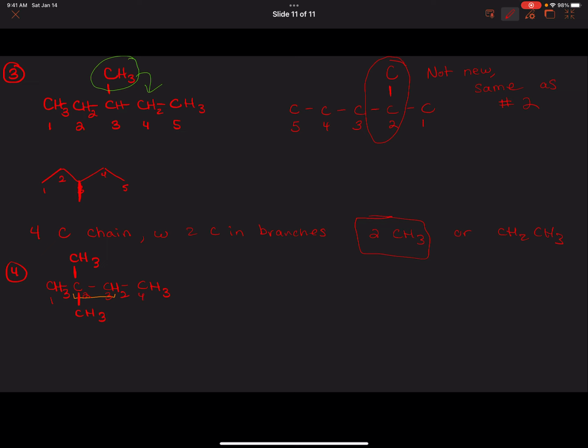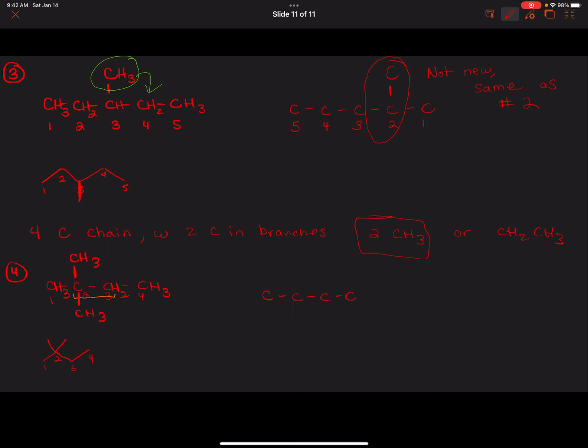Now, just like we did with one branch, we've got to move those branches all around. Now, if I draw my line structure, I'm going to have 4 points with 2 branches coming off of carbon 2. So again, my 4 carbon chain, we're going to move our branches.